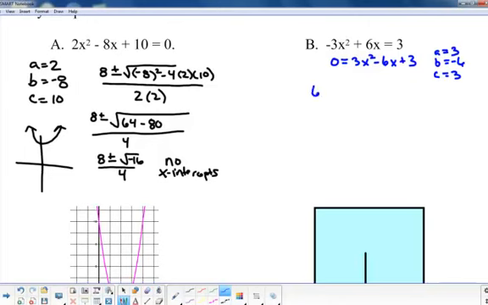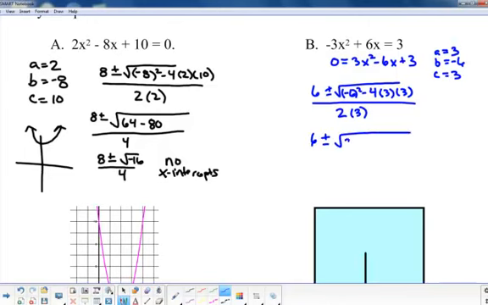So negative b plus or minus square root b squared minus 4ac divided by 2a. So 6 plus or minus square root of 36 minus 3 times 3 is 9, and 9 times 4 is 36.